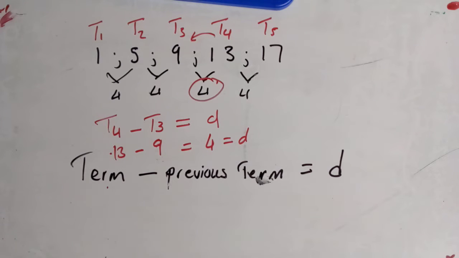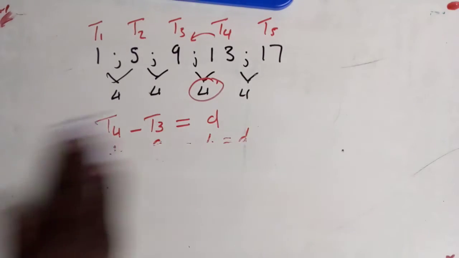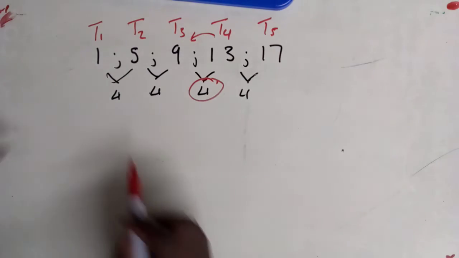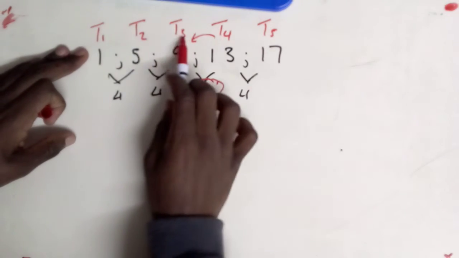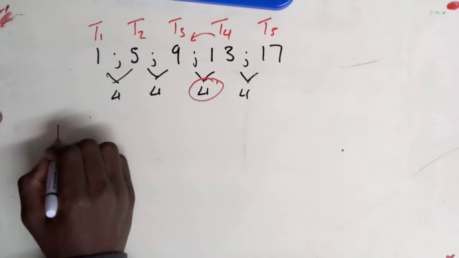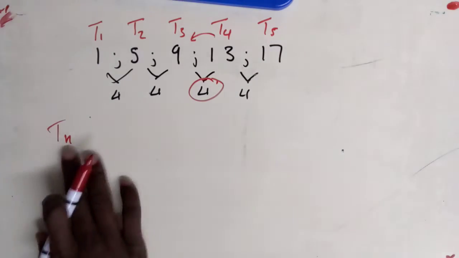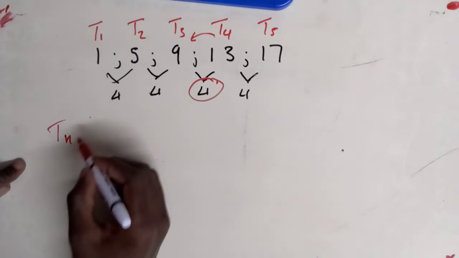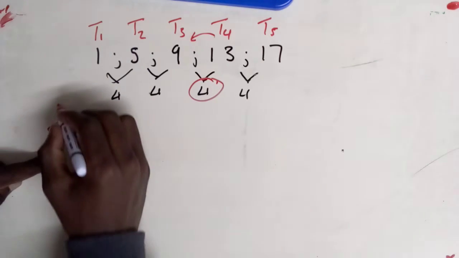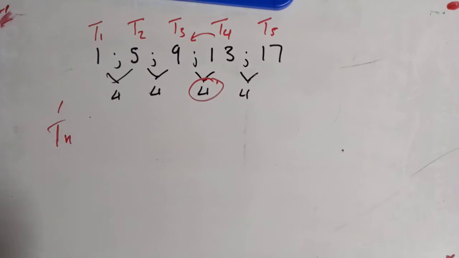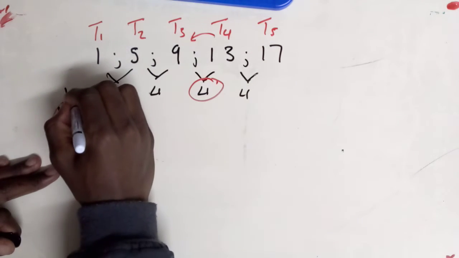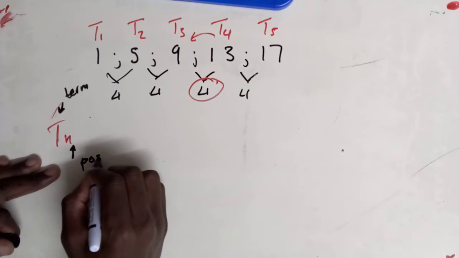Now, what if we don't actually have T1, T2, T3, but instead we have Tn? To understand this notation, this T stands for term, and this n is a position.